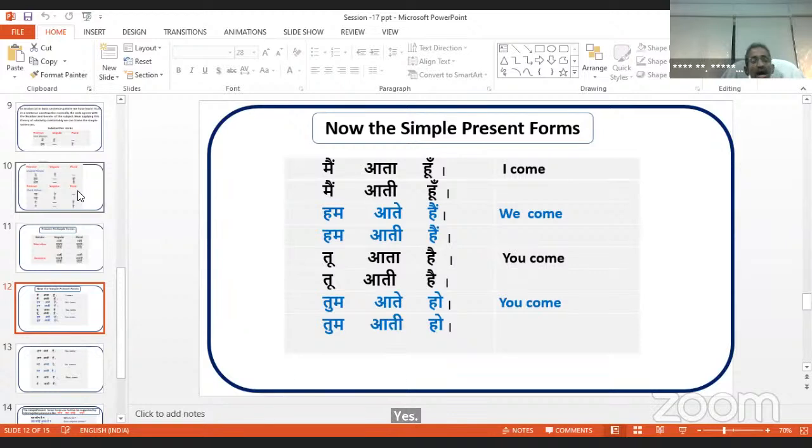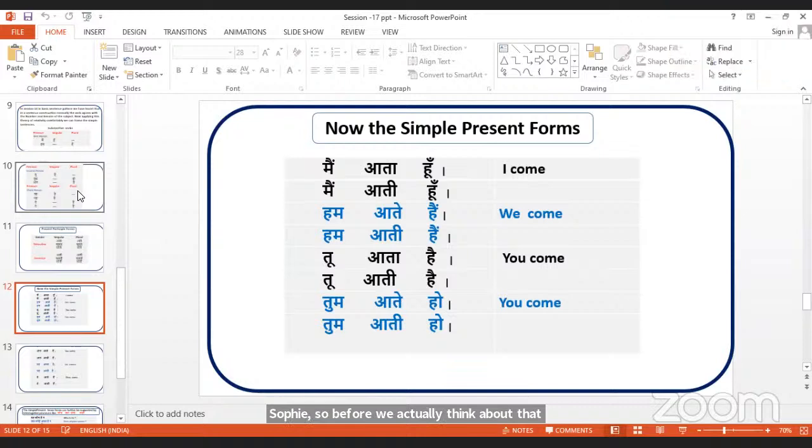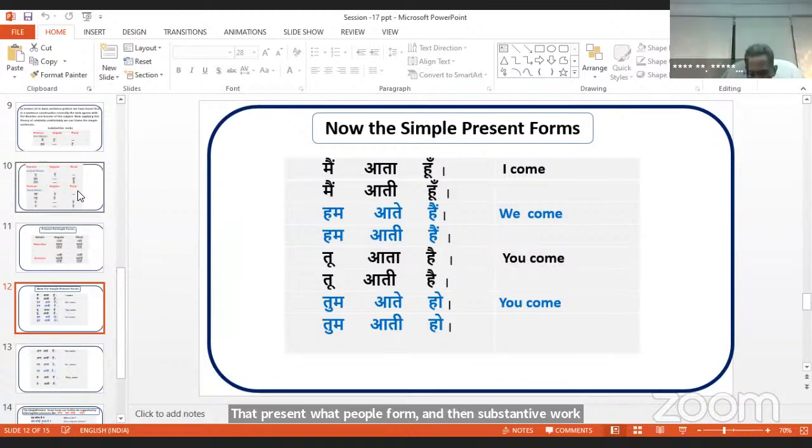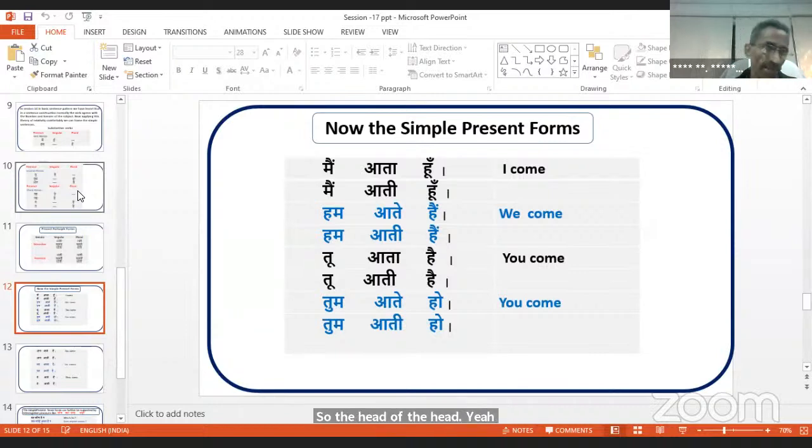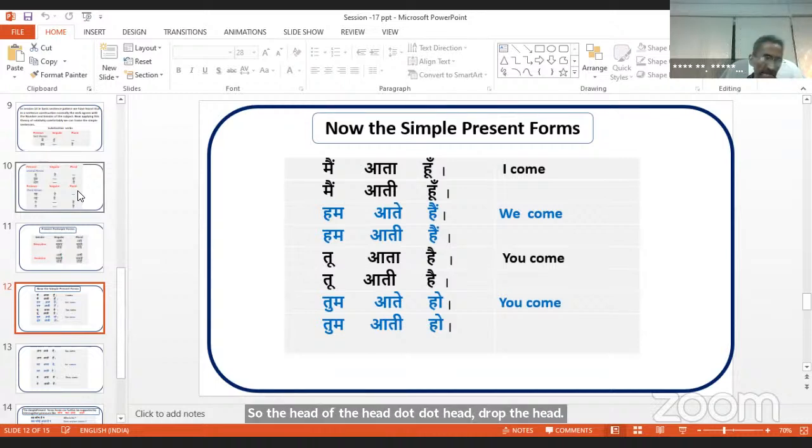मैं आता हूँ. I come. मैं आता हूँ. In this construction you have to be careful about three points. The first thing is main, that is the subject of this sentence.